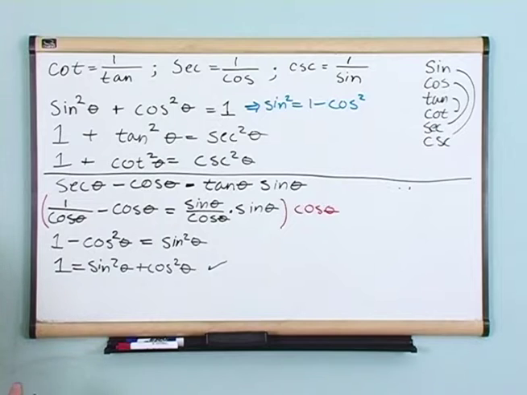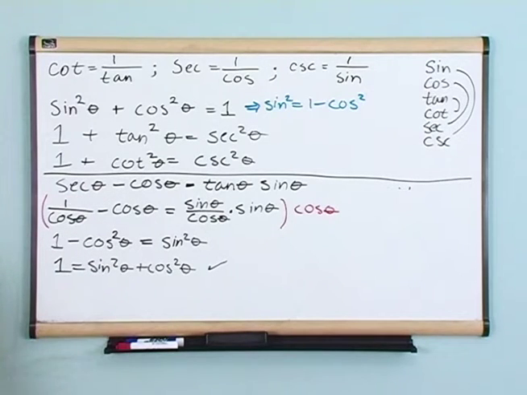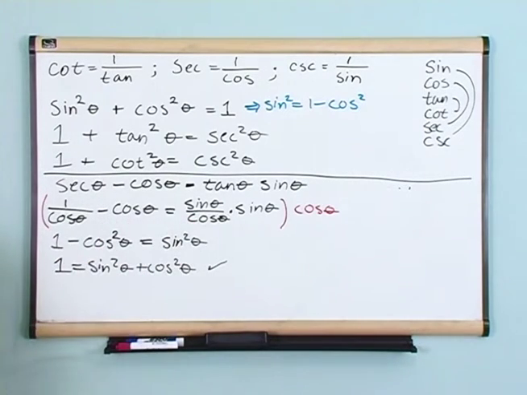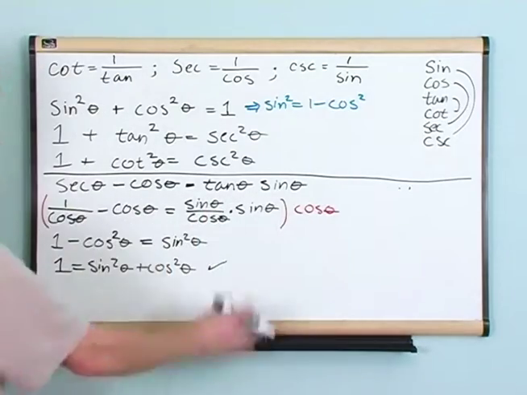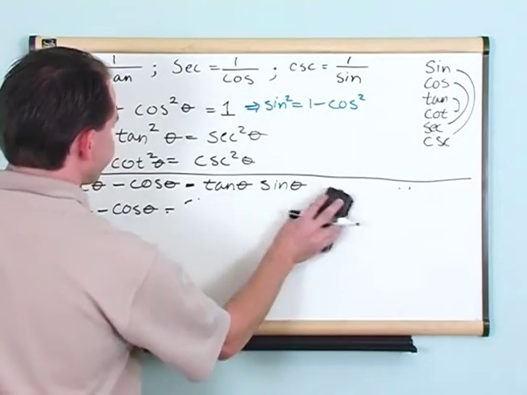I didn't know ahead of time that it would help me, but I knew I was allowed to do it. Multiplying both sides by cosine, you may not think initially that it would definitely help you get to the solution, but you know it's legal to do, okay? But don't start doing weird things to the equation that you're not confident are legal.